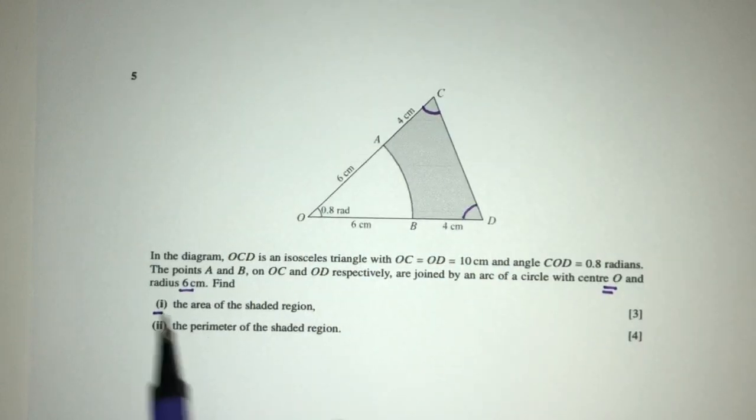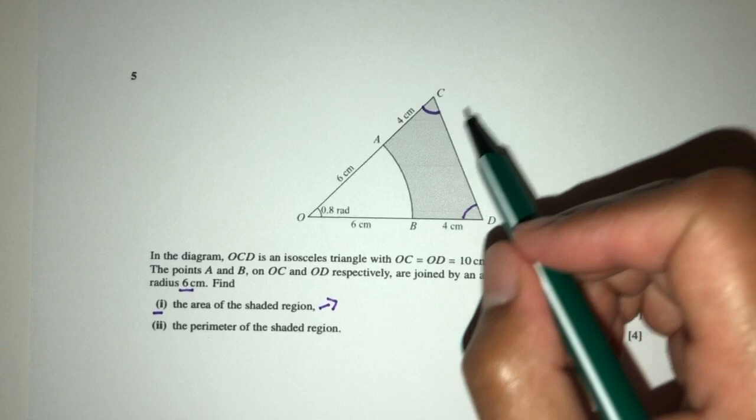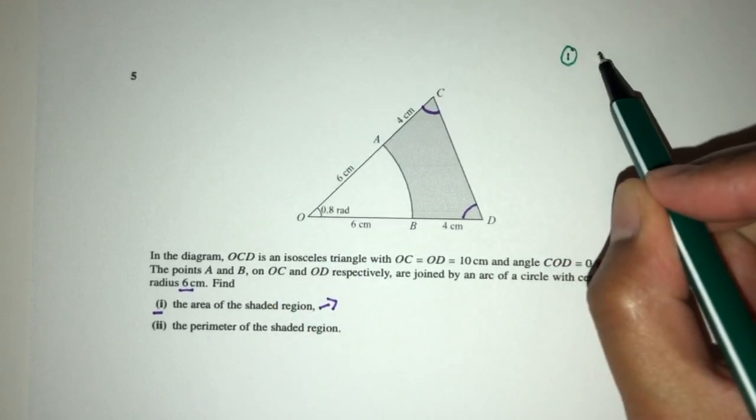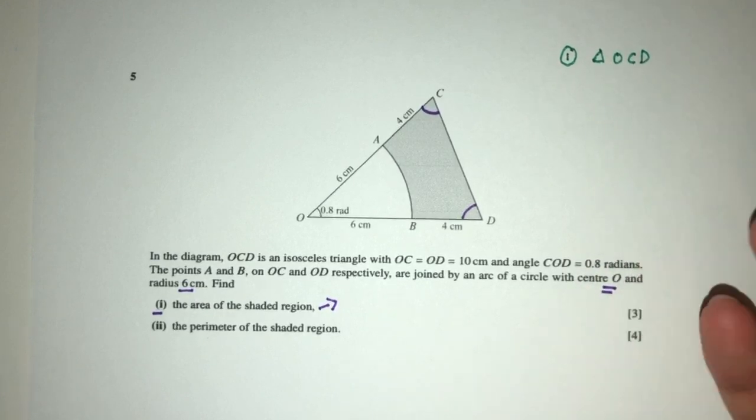Now part 1, we have to find the area of the shaded region. So by observation, to find this area, we must first find the area of the whole thing. So number 1, we have to find the area of triangle OCD. So how would you find that?